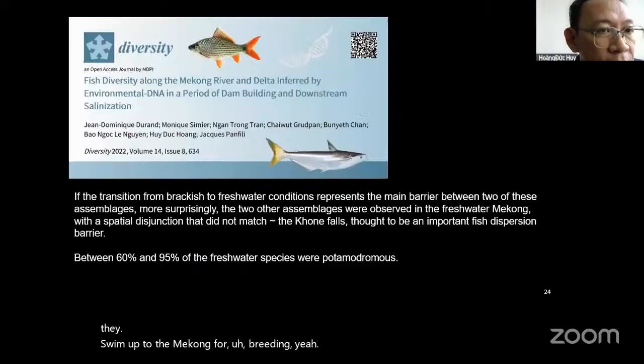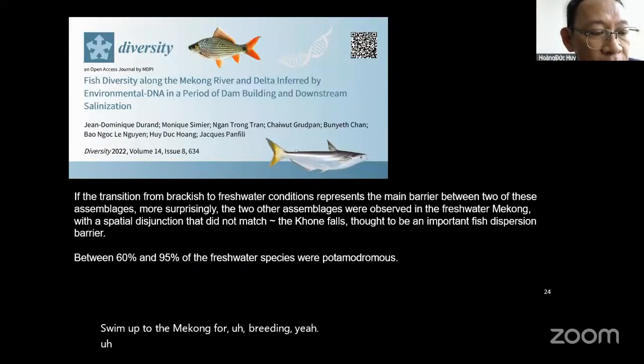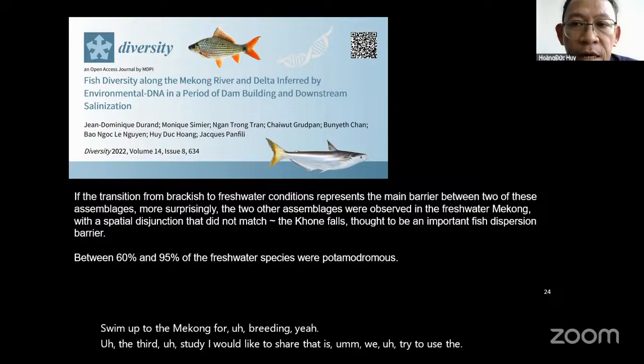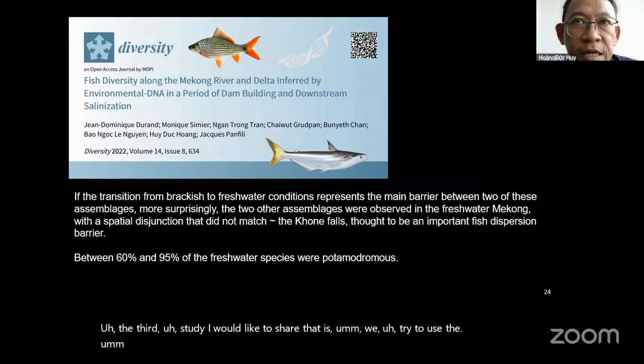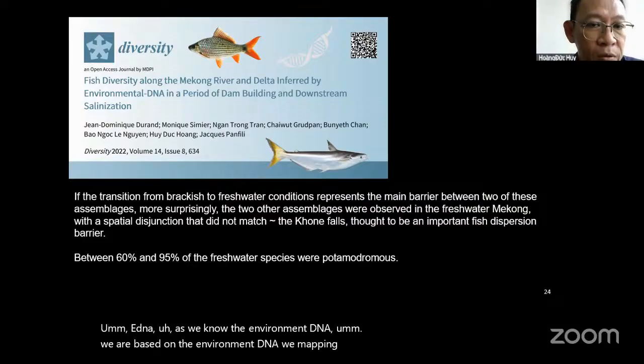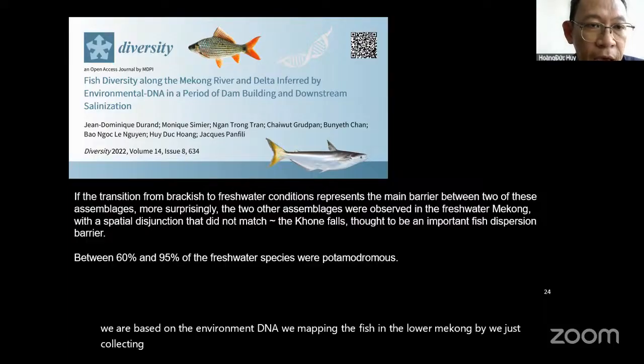The third study I would like to share is that we try to use eDNA, the environmental DNA. Based on environmental DNA, we map the fish in the lower Mekong by just collecting water from the Mekong and using a filter to collect some DNA extracted from the fish.